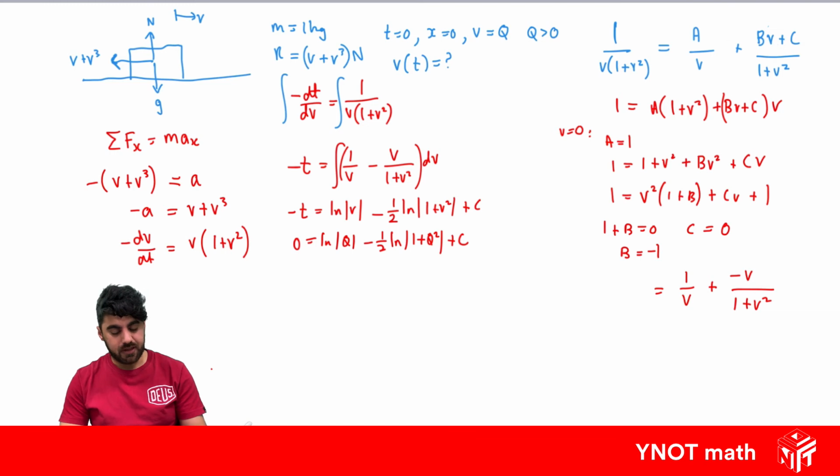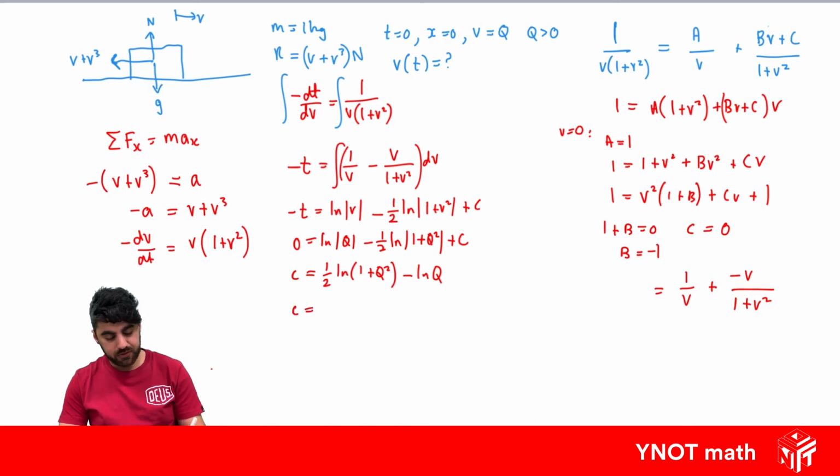And let's take everything to the other side. So we're going to have c equals a half ln of 1 plus q squared minus ln q. Now, the half we can bring up using our log law into this power, and a power of a half means square root.